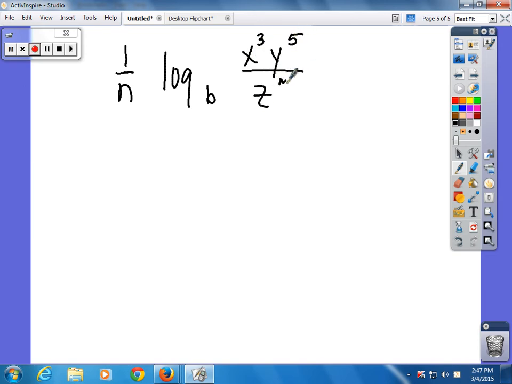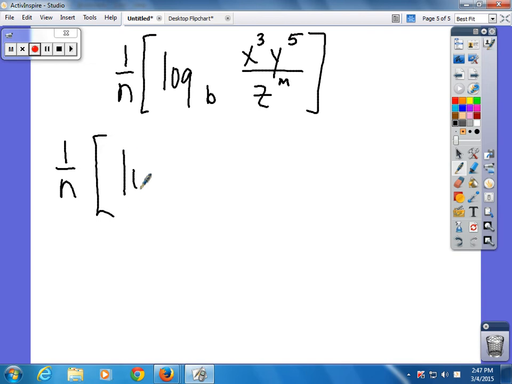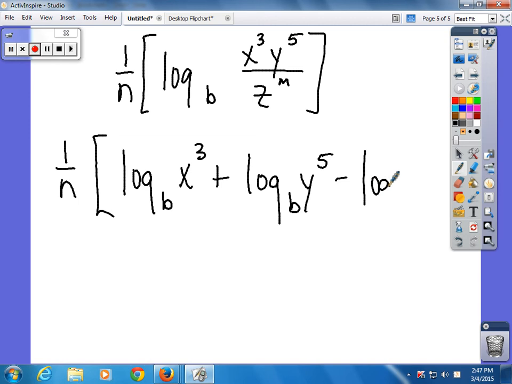Remember, this is multiplied by the whole thing, so you might as well put it in brackets because you're going to work with what's in brackets. So pull this out: 1 over n, brackets, log base b of x to the 3rd plus log base b of y to the 5th minus log base b of z to the m, close brackets.